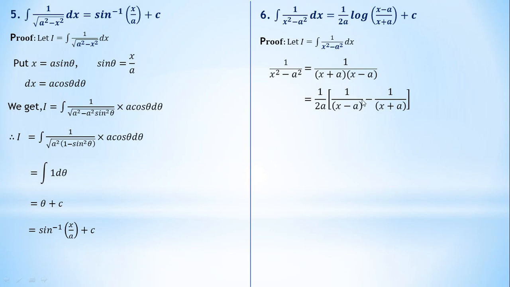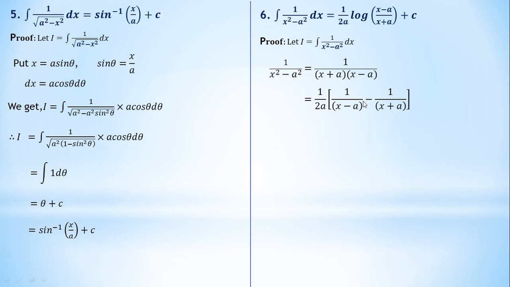If you take the cross multiplication in this square bracket, then you will get the same term. So while solving this term 1 upon x square minus a square, we have to use this technique algebraically like this. So the term can be adjusted as 1 upon 2a into bracket 1 upon x minus a minus 1 upon x plus a.